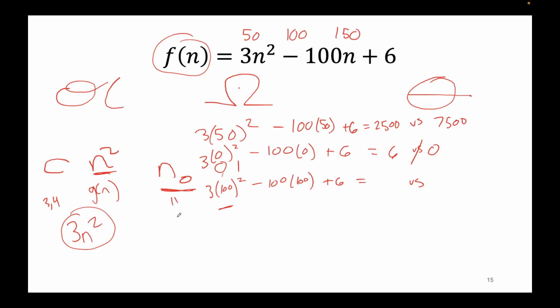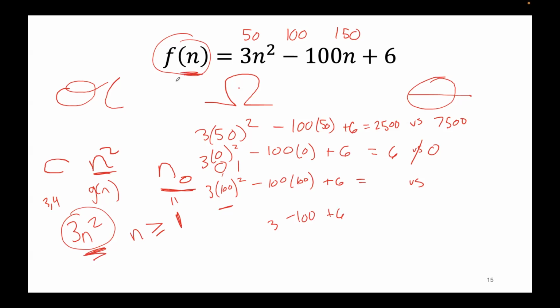So we found our n naught, and that's 1. Is it 1? 3 minus 100 plus 6, yeah, it is 1. So for n greater than or equal to 1, 3n squared is always going to be bigger than f of n.